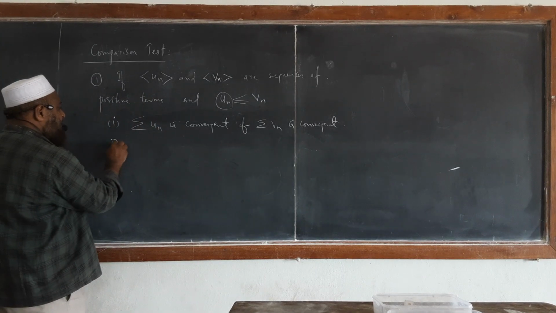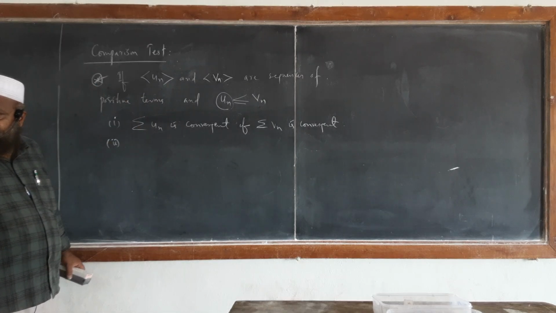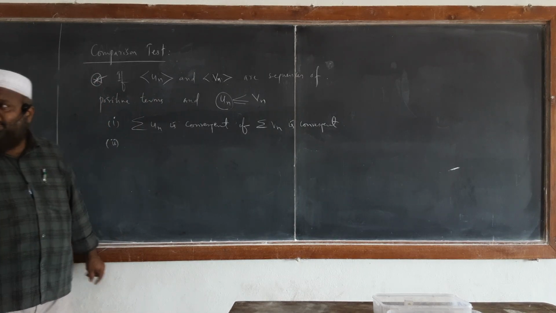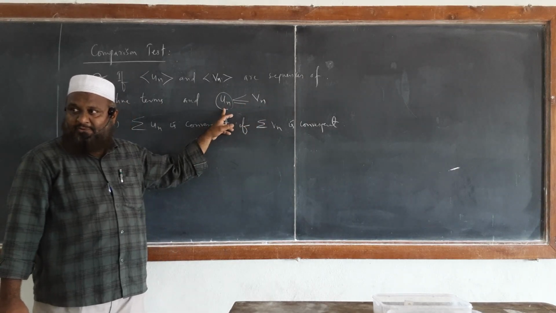Next, second bit, what can we say under this condition? Very important, comparison test. Which is bigger, which is smaller? Sigma vn is bigger, sigma un is smaller.